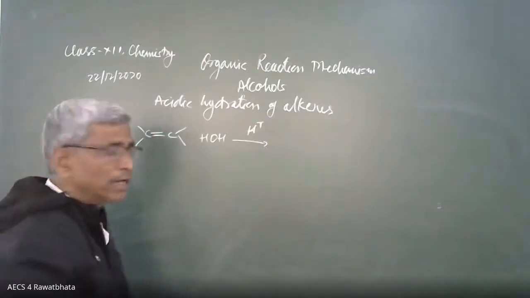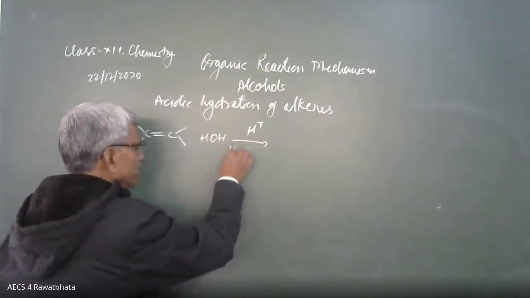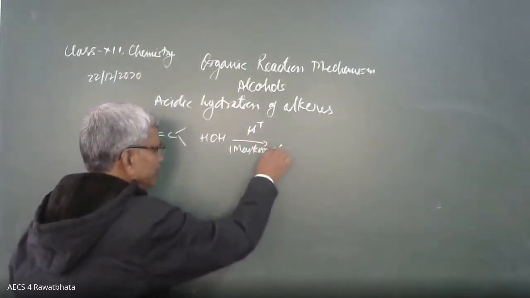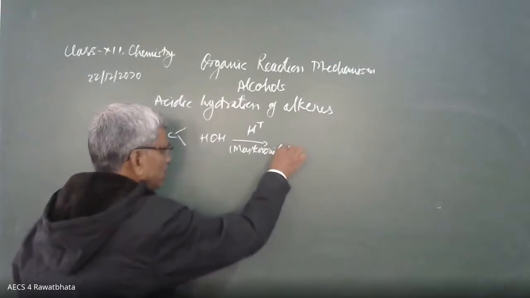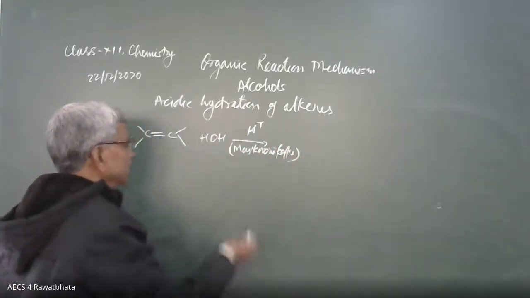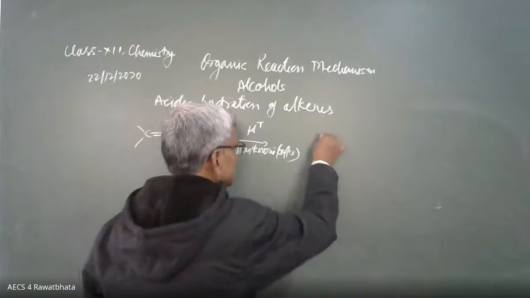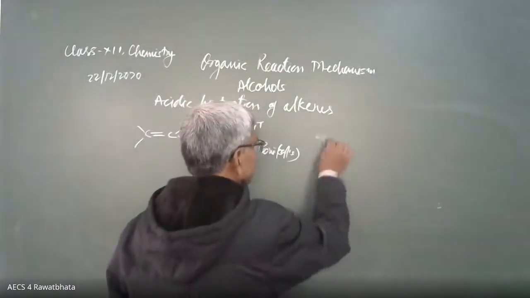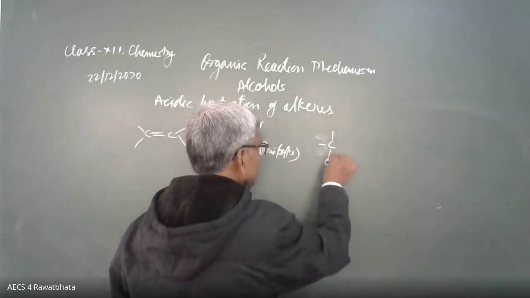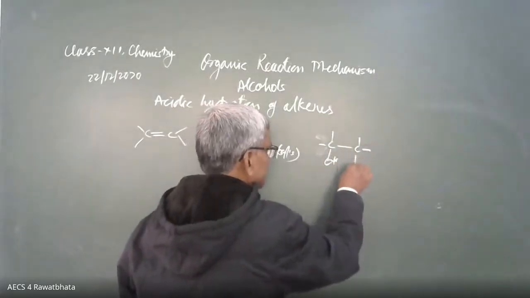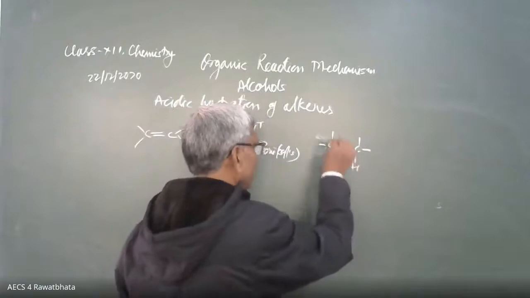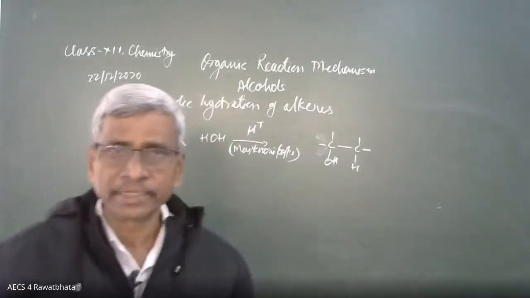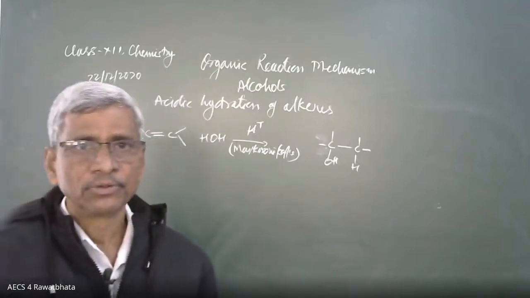It follows Markovnikov's rule, and then the product will be like this. Here is OH and here is H. This type of addition of water takes place in presence of acid. Acid catalyzes the reaction.